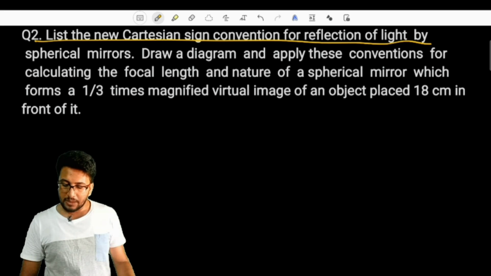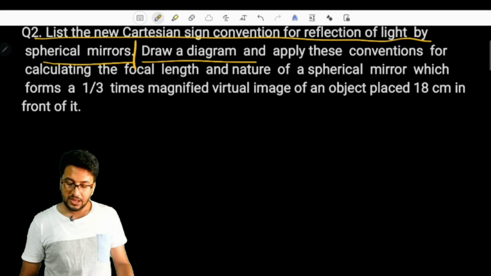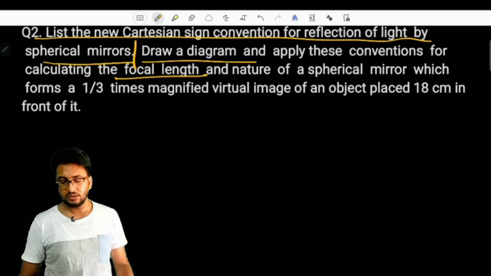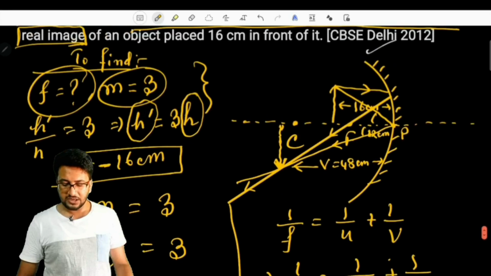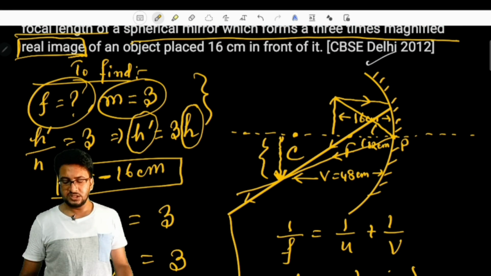Draw a diagram and apply these conventions for calculating. Here the second part of the question says draw a ray diagram and apply these conventions for calculating the focal length. Again we need to calculate the focal length and the nature of the spherical mirror. In the previous case also we can find the nature of the image. What is the nature of the image in this case?